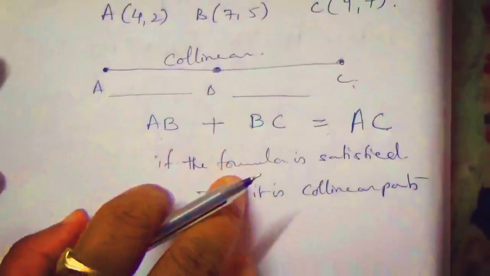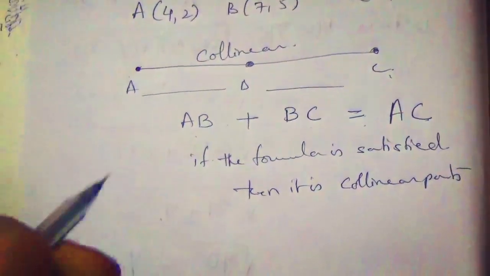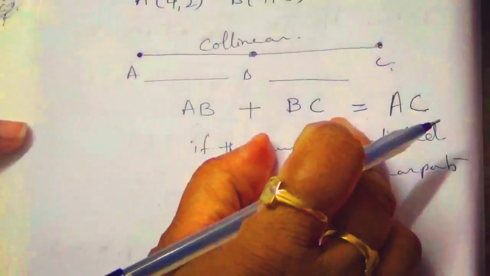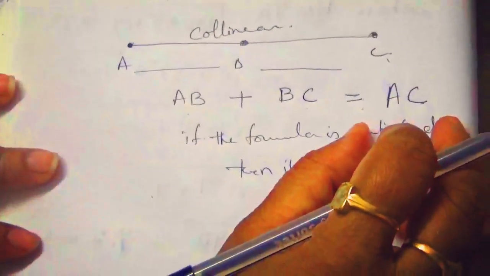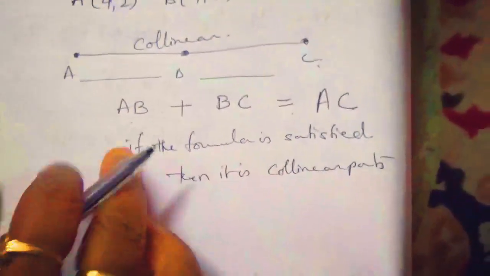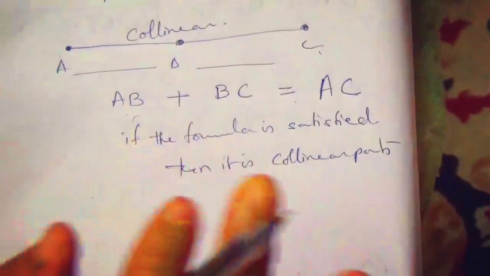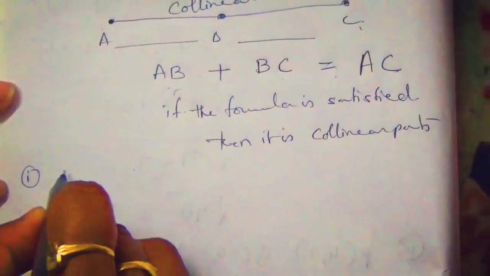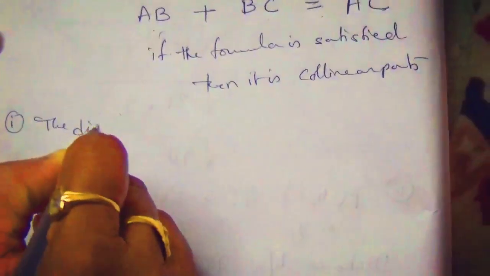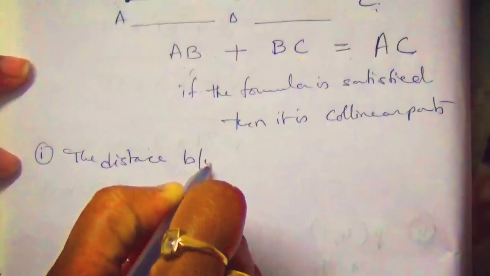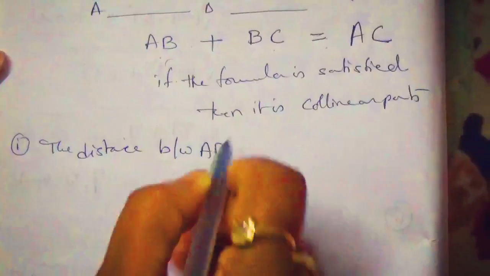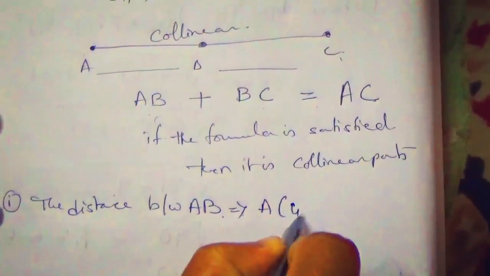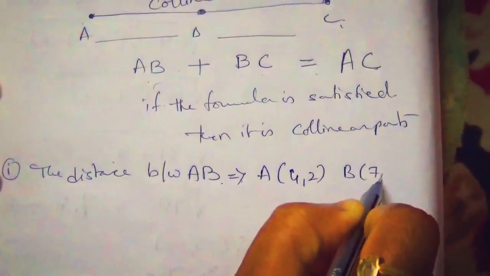To satisfy this condition, what do we have to do? First of all, find the distance between AB, then the distance between BC, then the distance between AC. Then check whether the points satisfy this equation or not. First, the distance between AB. A is (4, 2), B is (7, 5).